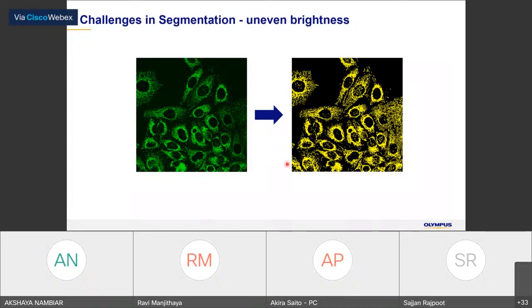Our brain can do it, but if we want to do it in computers, it is quite challenging. So nowadays segmentation is going to use artificial intelligence to identify the objects that we can understand by our eyes and brain.